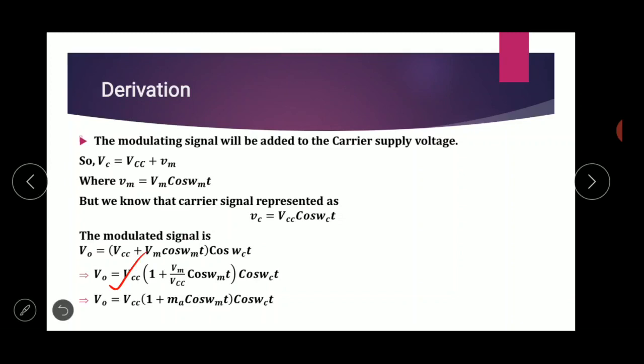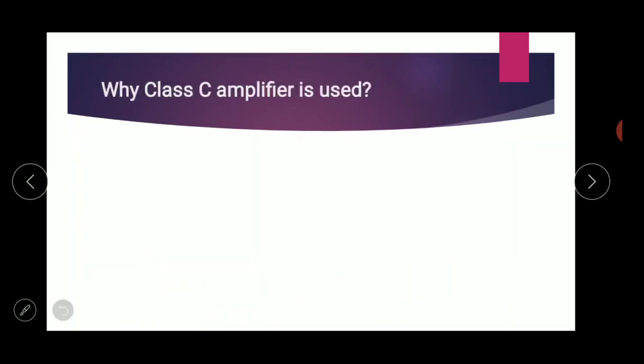So it is (Vcc plus Vm cos omega mt) whole into cos omega ct. After taking Vcc common, it becomes (1 plus Vm by Vcc cos omega mt) whole into cos omega ct, and this Vm by Vcc is the modulation index, represented as Ma. This is the final equation of the modulated signal.